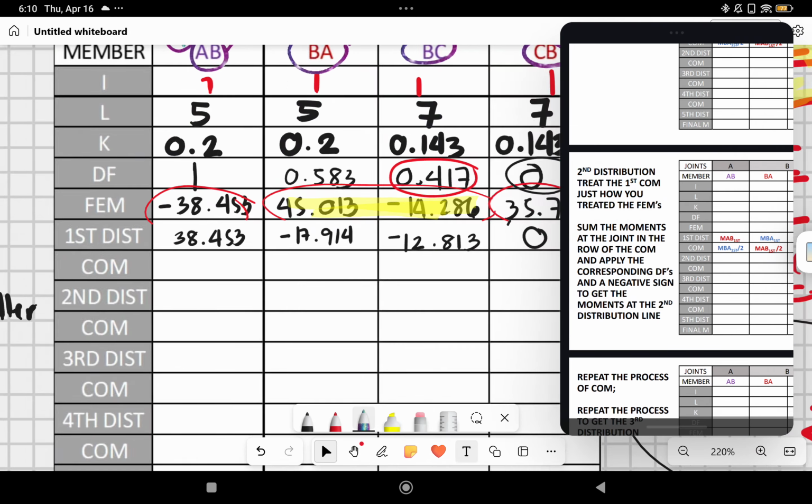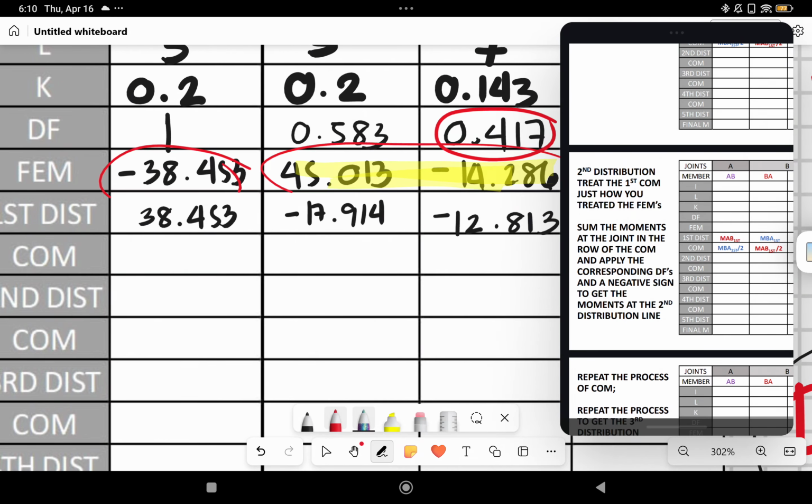So how do we do that? We just divide by 2. First, we carry over to that side: we divide this by 2, that is 38.453 divided by 2. And this one, we carry over to the other side: negative 17.914 divided by 2.